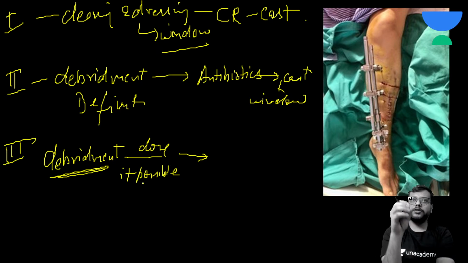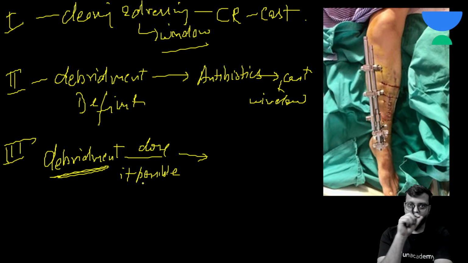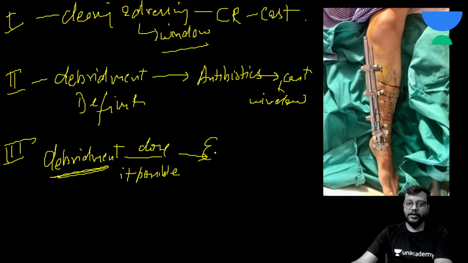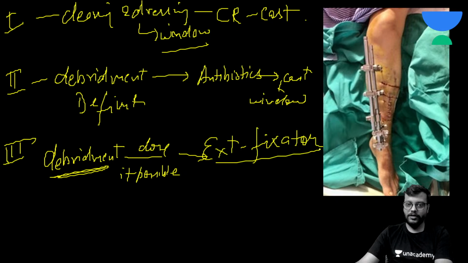And generally हम बोलते हैं कि infected wound अगर है तो close नहीं करो, and if closure आ रहा है तो just put tag sutures, मतलब proper closure नहीं, put sutures, not so tight, very loose sutures, that too at an appropriately larger distance from each other, just tag sutures लगा, है ना. Then debridement करने के बाद external fixator लगा दो to keep the bone fragments in alignment जितना possible हो सके.